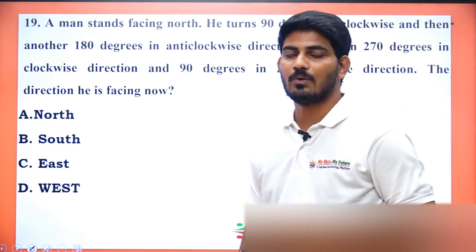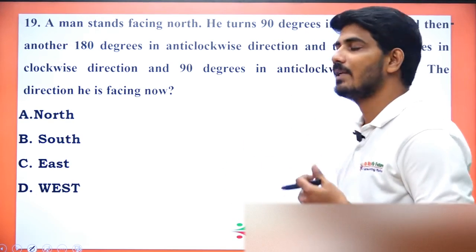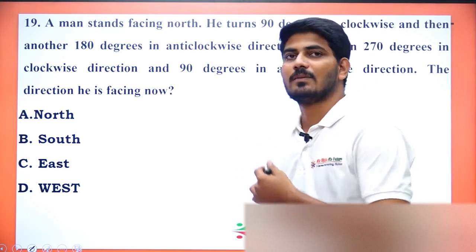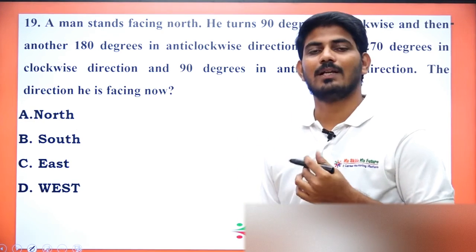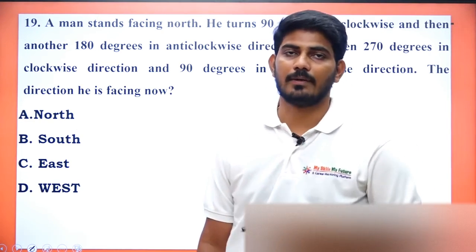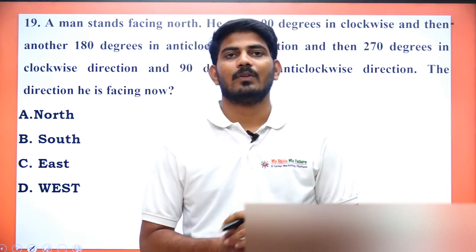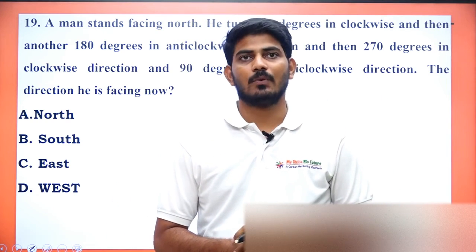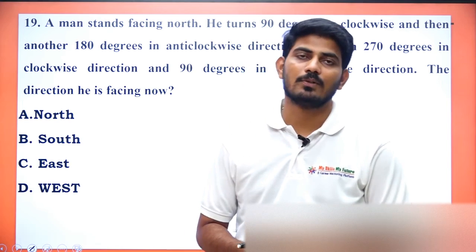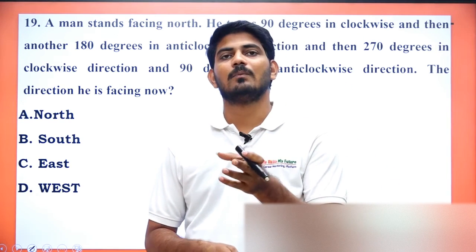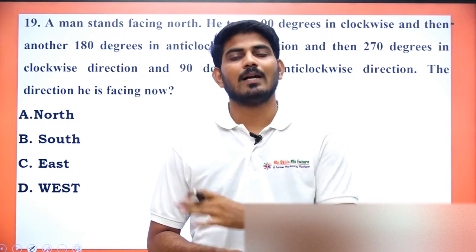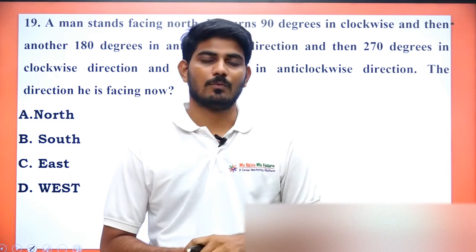This will be the next model of problem, that is clock-based problems. It is very similar to the first model of problem. Let me brief what was discussed in the first model. He gave the initial position of the person. After that, he takes multiple lefts and multiple rights. At the end, he asks us to find the final position.